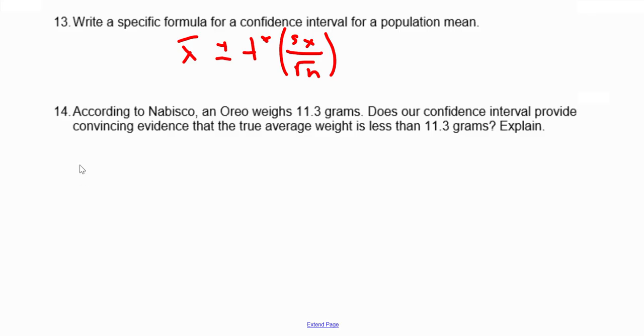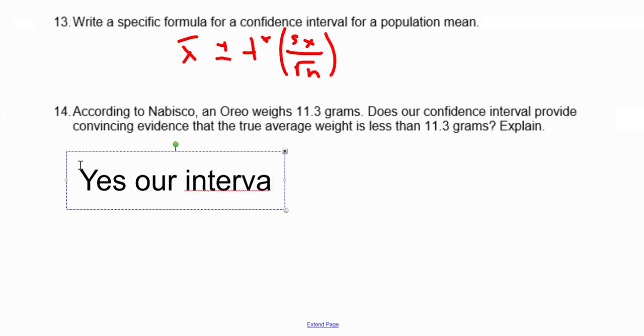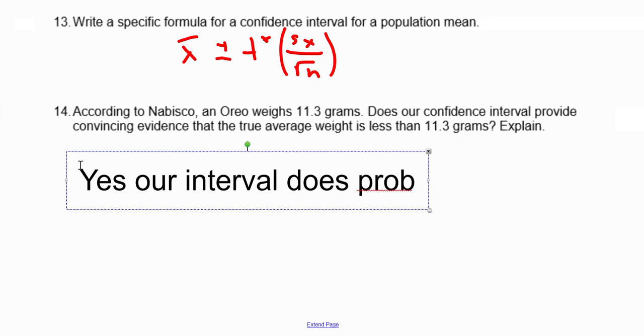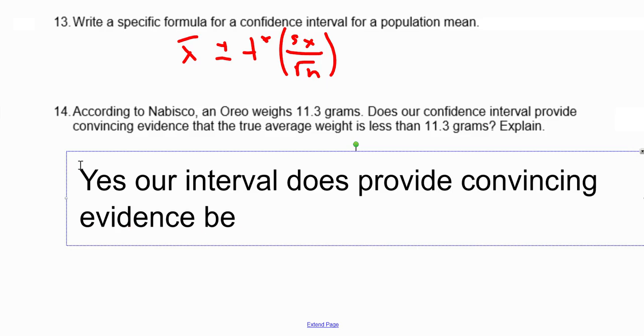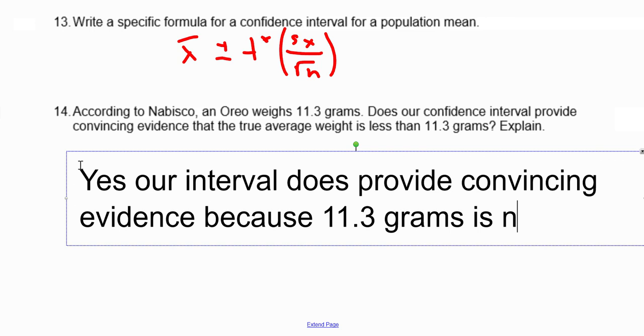Yes, our interval does provide convincing evidence because 11.3 grams is not on the interval.